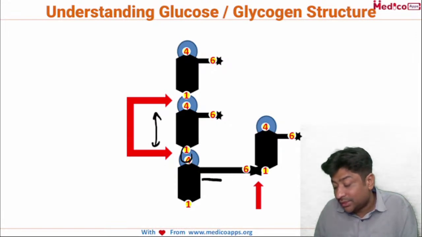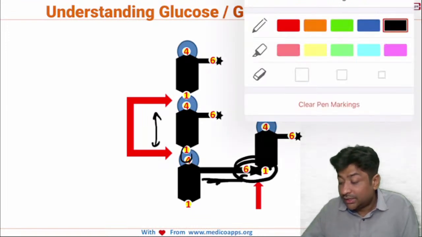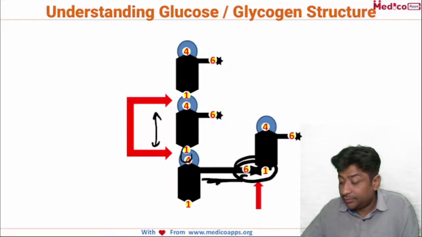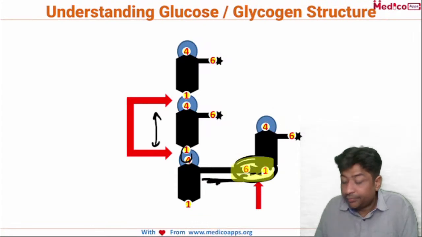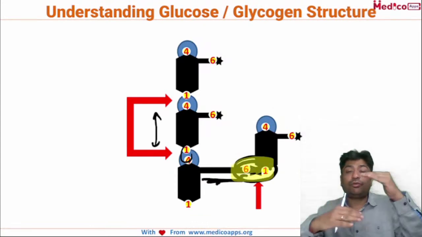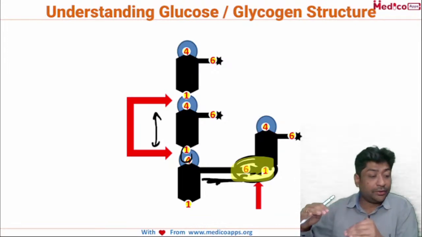And when I talk about the 1,6 bond, you can see it's a branching point. I hope all of you are clear about this. So 1,4 is one glucose on the top of another, a linear arrangement, and 1,6 is like a branching point in a tree.